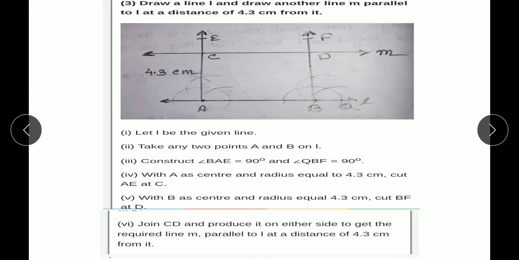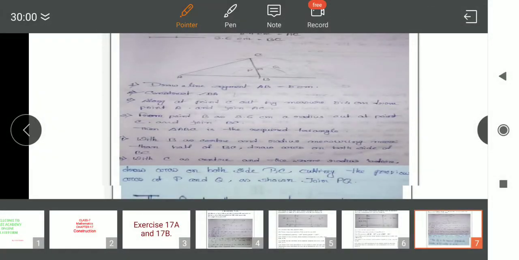Next question. Okay students, construct a triangle ABC in which BC equals 3.6 centimeter, AB equals 5 centimeter and AC equals 4.5 centimeter. Draw a line segment AB of 5 centimeter. This is the line segment AB of length 5 centimeter.